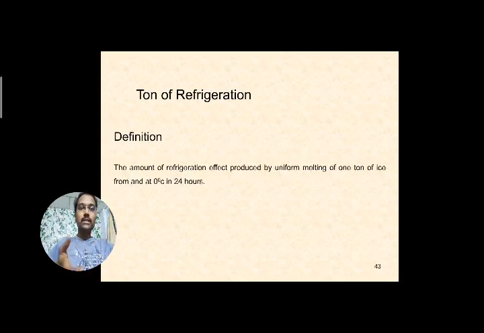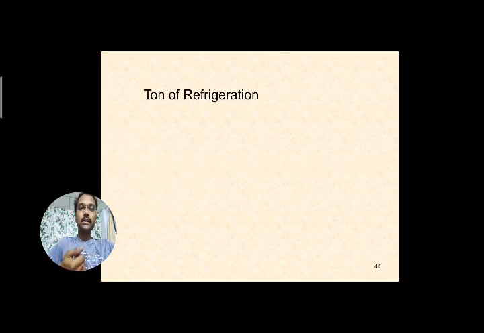If you consider 1 ton of ice uniformly melting, starting at 0 degree centigrade, over a particular time of 24 hours, how much cooling effect it is producing under this condition defines the ton of refrigeration. Generally it is denoted as TR.